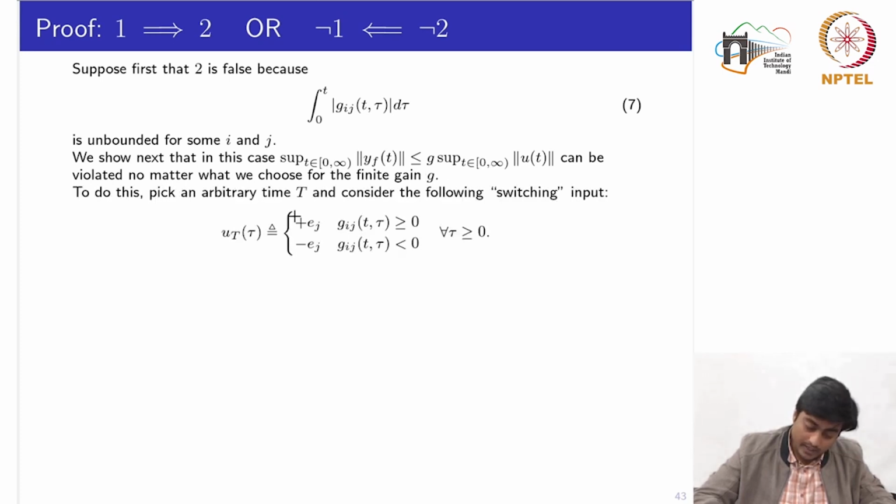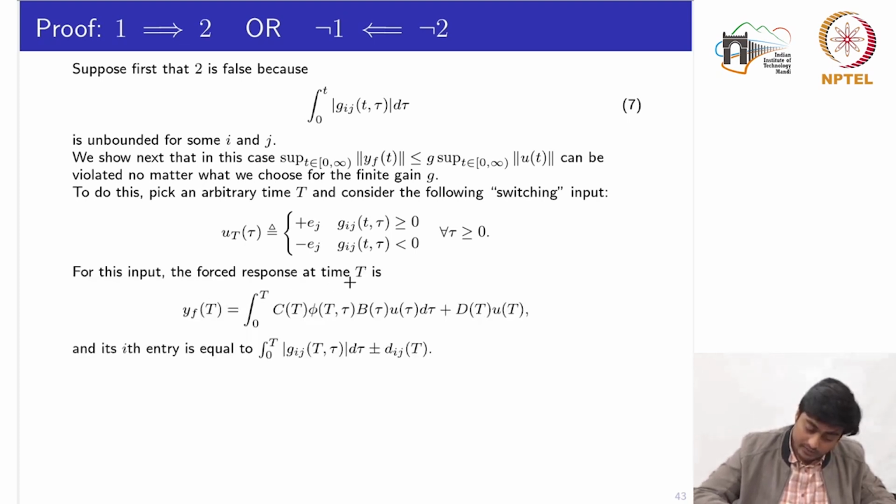So again, we pick an arbitrary time T, or we design a signal u, the control signal, which is bounded. You can see that we define the signal such that whenever the ijth entry of G(t, tau) is greater than or equal to 0, the input is plus e_j, and if it is less than 0, the input is minus e_j, where e_j is the canonical basis of the k dimensional vector, sorry.